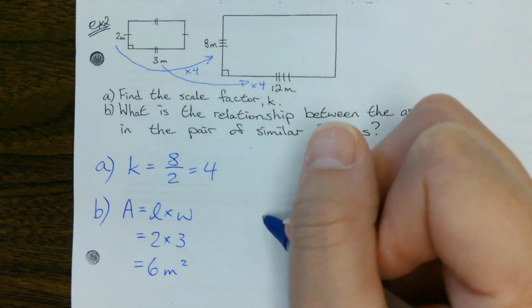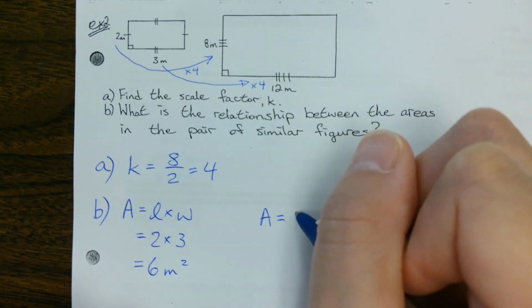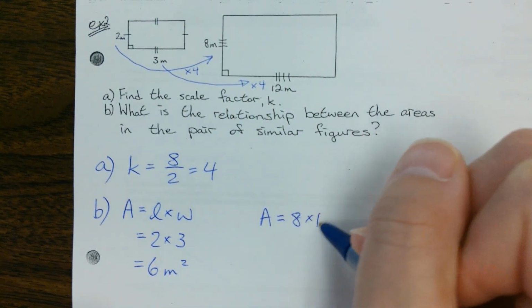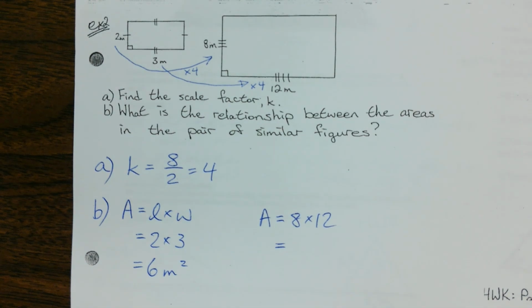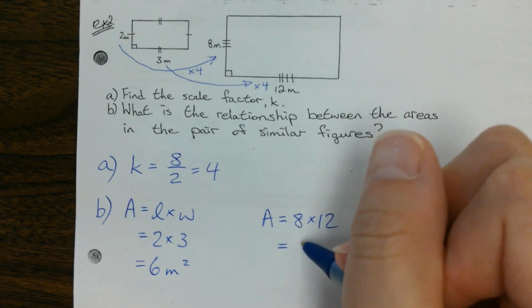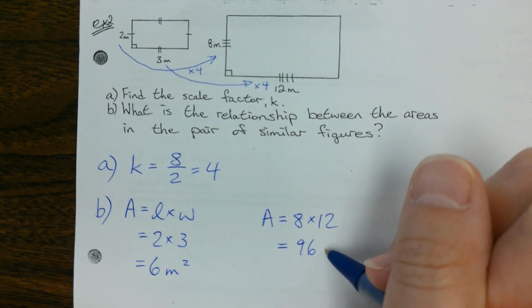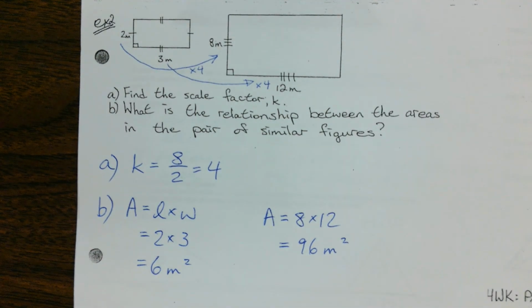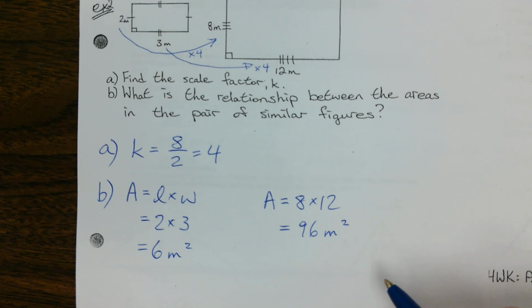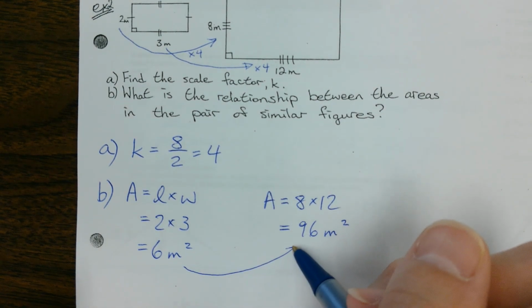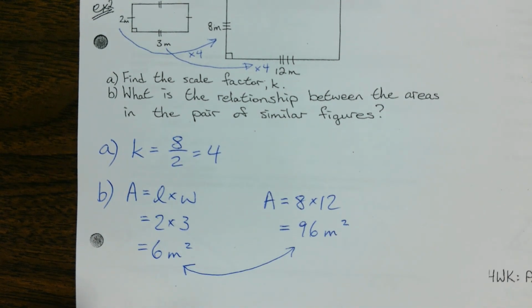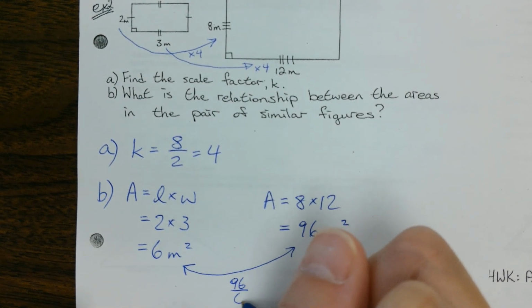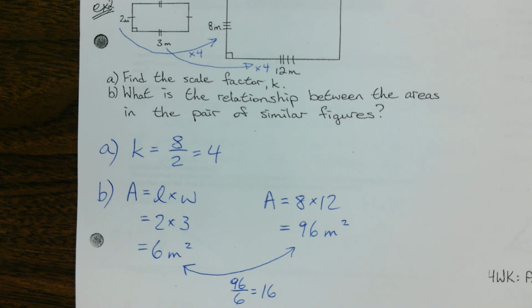For the big rectangle, it's 8 times 12, which is 96 meters square. Now if you compare these two areas, 96 divided by 6, you get 16.